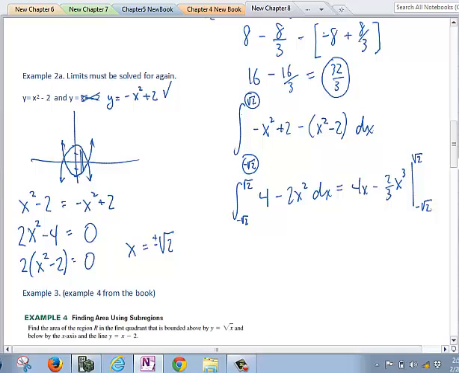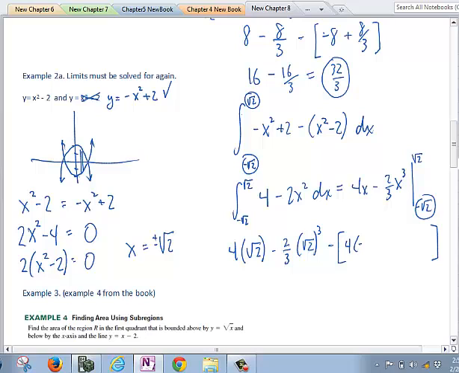And remember, we have to plug that in and subtract both quantities. So that's going to turn into 4 times root 2 minus 2/3 of root 2 cubed, minus the whole quantity where I plug in negative root 2.